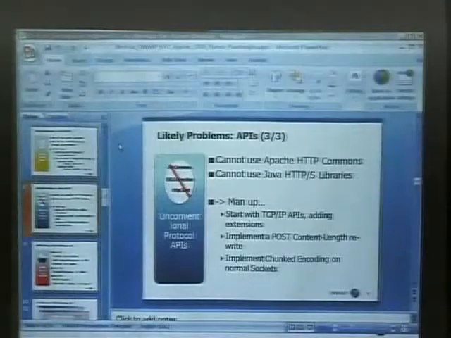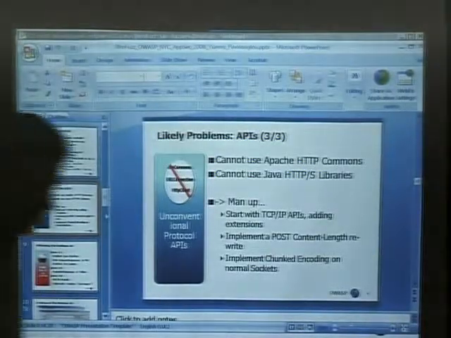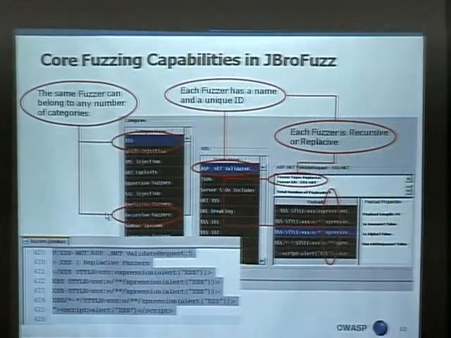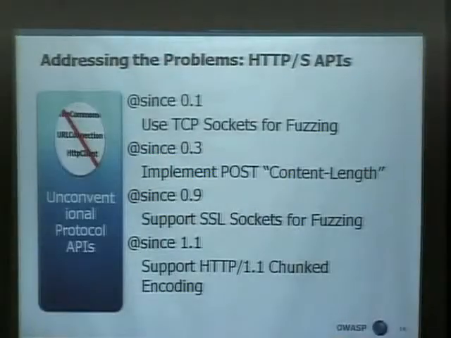Going back to the slides, we've implemented a core fuzzing engine, but how do we actually overcome the problem that we have with all the protocol APIs? I've spent some time on this: recursive versus replacement fuzzers. So what are the problems that we have? If you use anything other than sockets, you don't have control of everything that's on the wire.